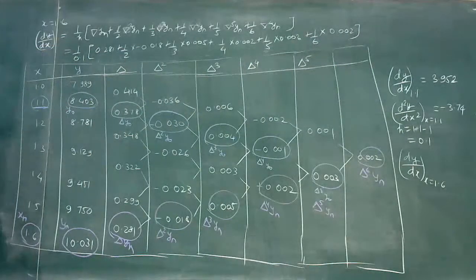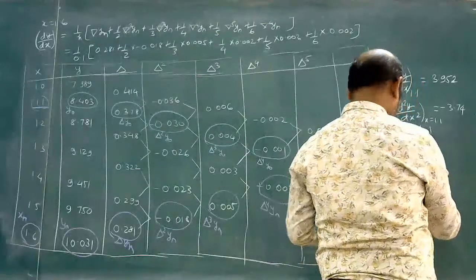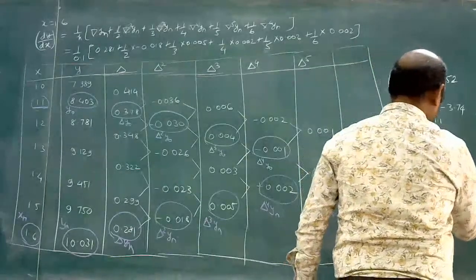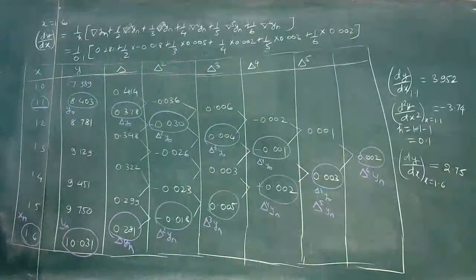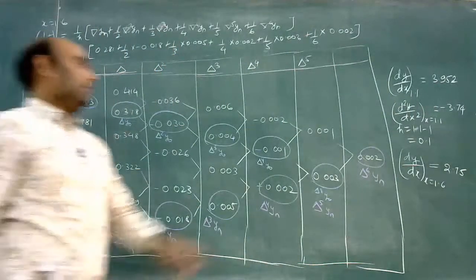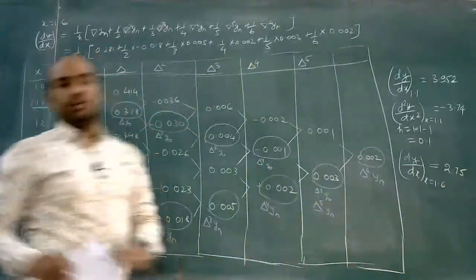Okay. So solving this, you will get dy by dx at x is equal to 1.6 is 2.75.